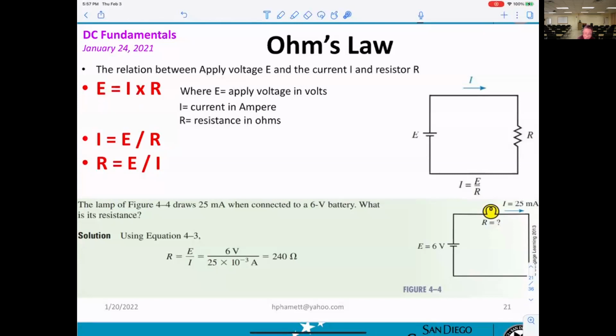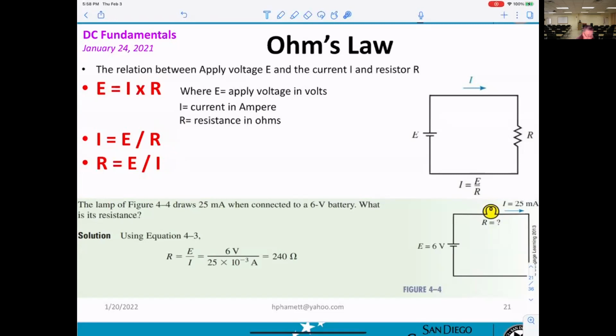And now, if you see this circuitry here, E is the voltage, I is the current, R is the resistor. If you want to calculate I, you take E divided by R. So whatever you want to calculate, you use either this formula or this formula or this formula.